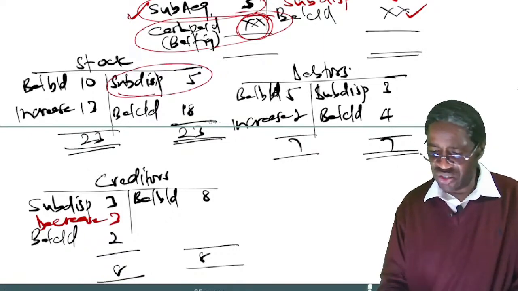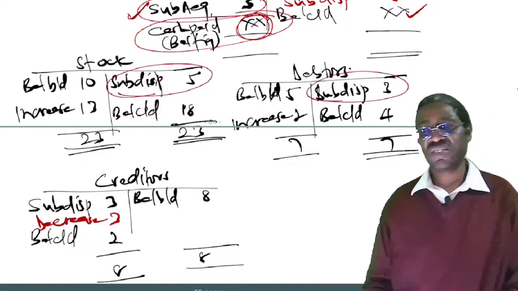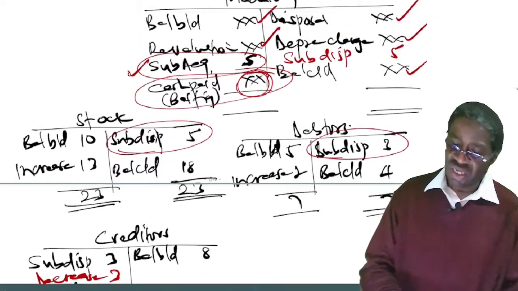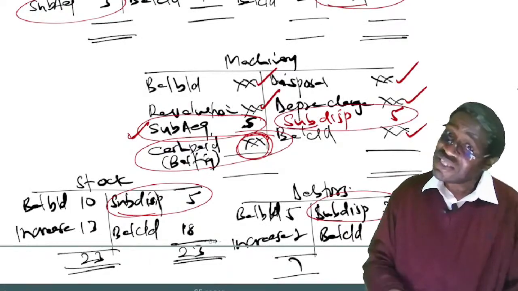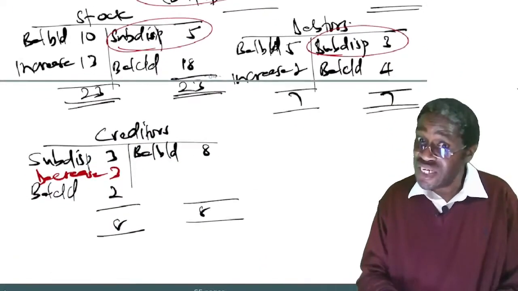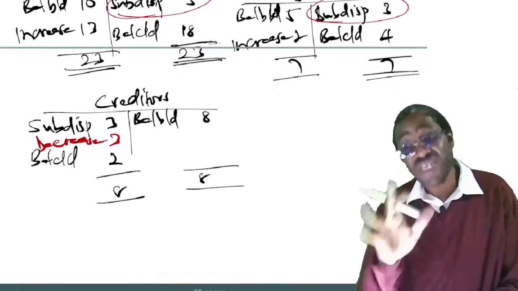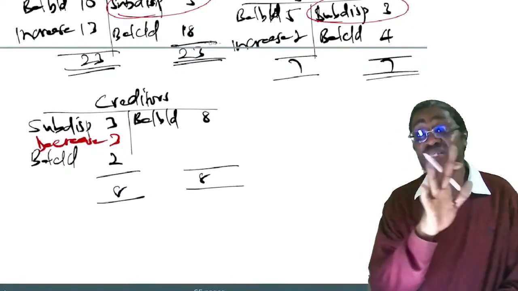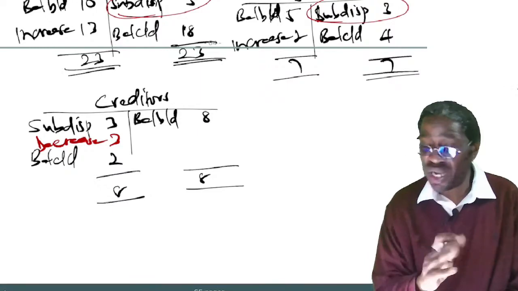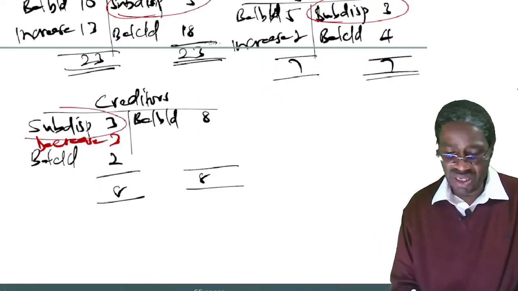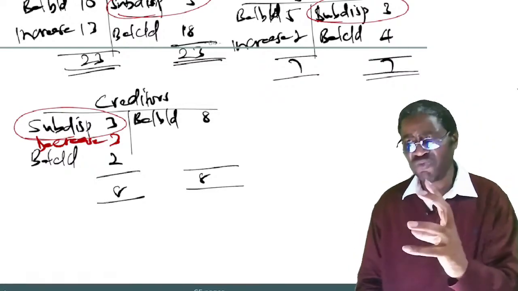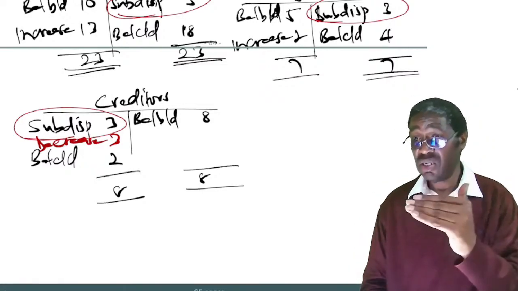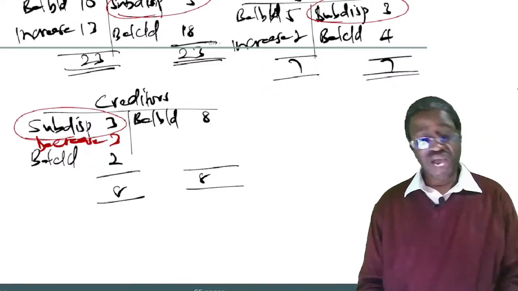If it is debtors, we credited. If it's machinery, we came and said credit here. Then if it's a liability, we came and debited, because liabilities are going down when you dispose a subsidiary. So we came and debited, and that is it.